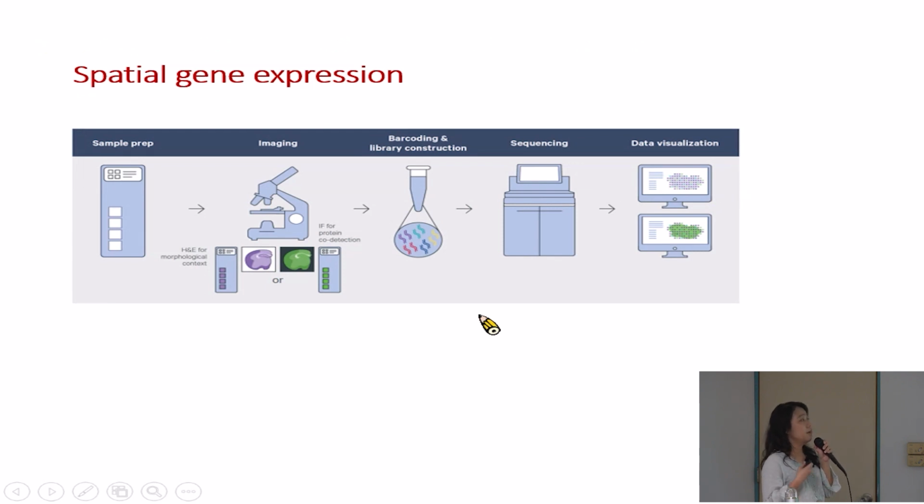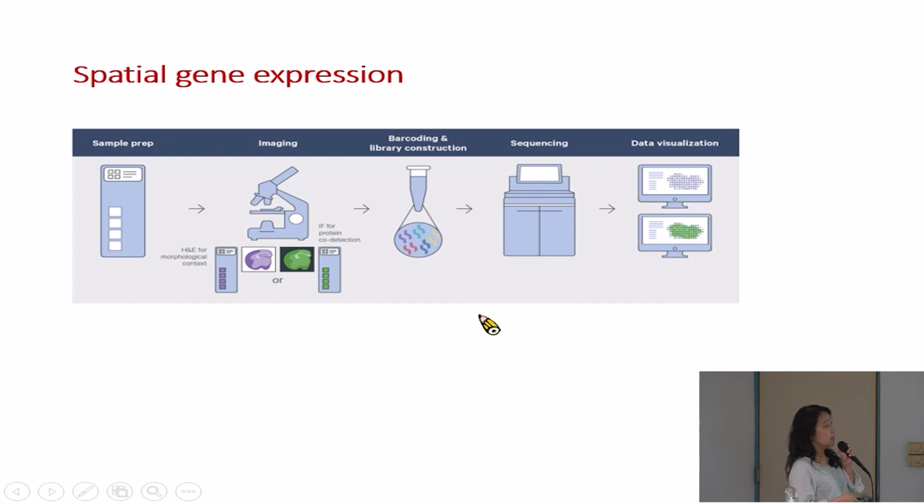How can we perform the spatial gene expression? First, we have to prepare the sample, and using the imaging system, we can do HE staining for the morphology content, which shows the cell cytosol and the nucleus. Then we can know what kind of tissue we obtained.